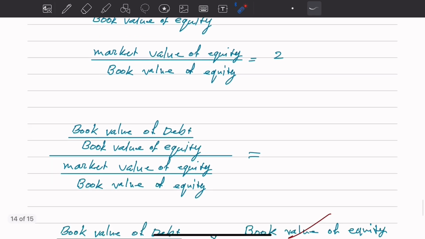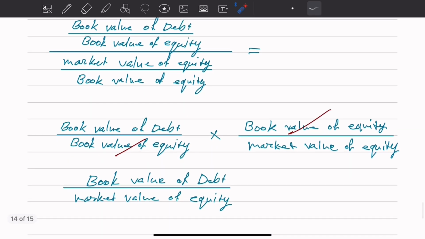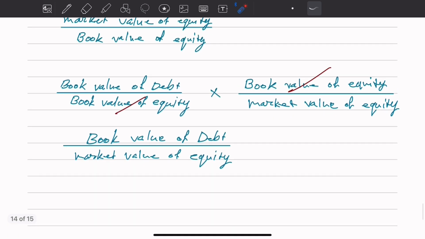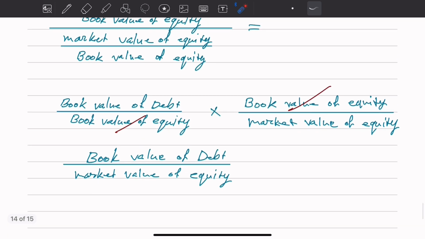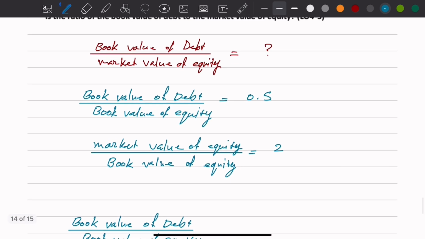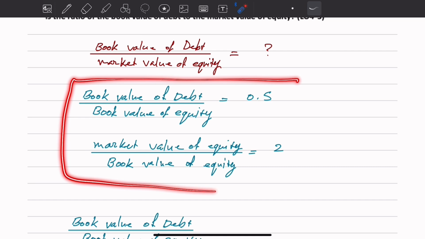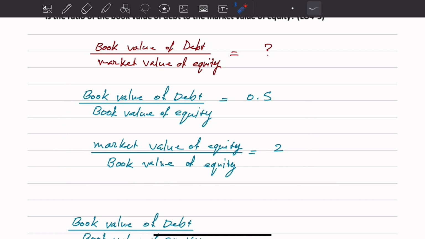So from this mathematical manipulation, we can see that this is going to equal the ratios that were given to us divided by each other. We can take this divided by this and we should get our answer right here.